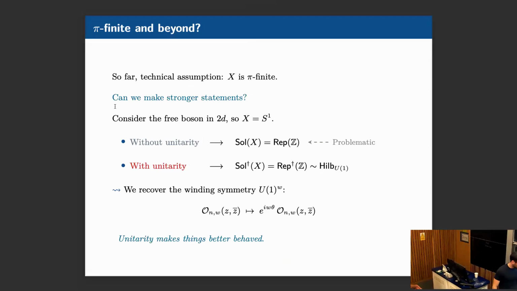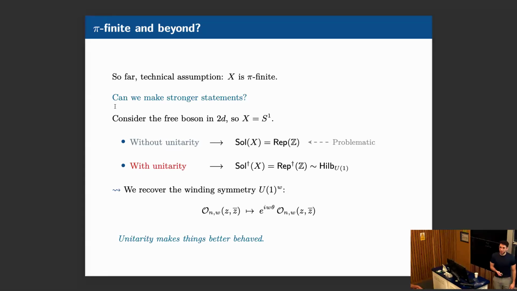when we start to take into account unitarity, these things become much better behaved. So in particular, when we made the initial statement that solitonic symmetries were classified by some functor into, say, d-vect, we had to make particular non-trivial assumptions: we had to suppose that the target of your sigma model had to be pi-finite.